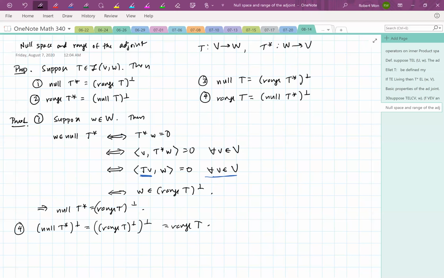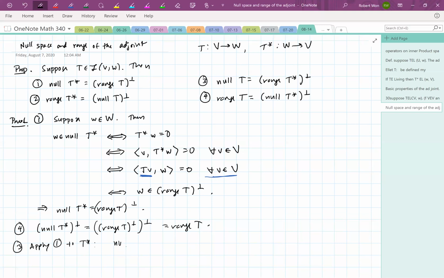Okay, but now, if you look at 1 and 3, 1 and 3 are almost saying the same thing, right? We proved 1 for every map T. In particular, we proved it for the map T star. So for 3, apply 1 to T star. What does it say?